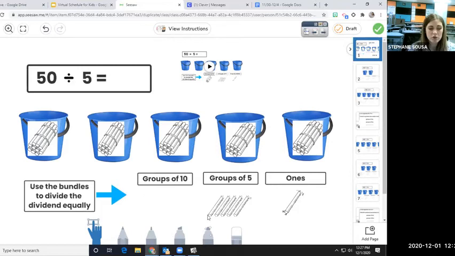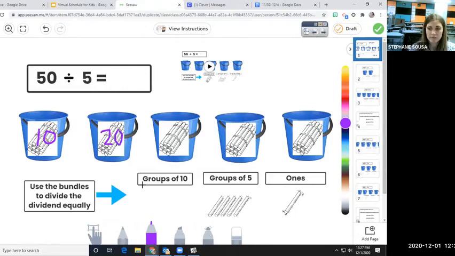I'm going to use my pen tool to count to make sure I have the correct amount. This is 10. I'd like for you to do that with me. This is 20. This is 30. This is 40. This is 50.